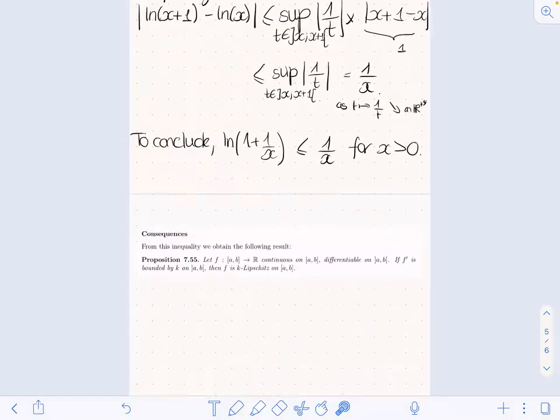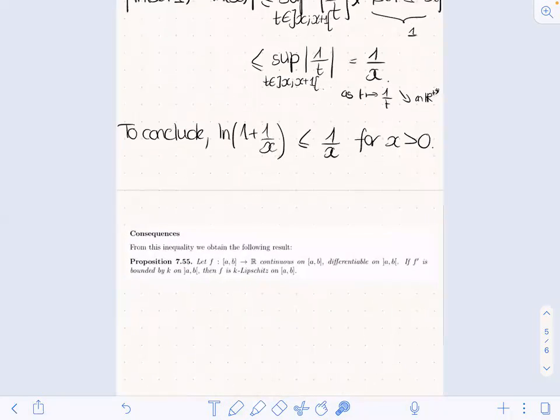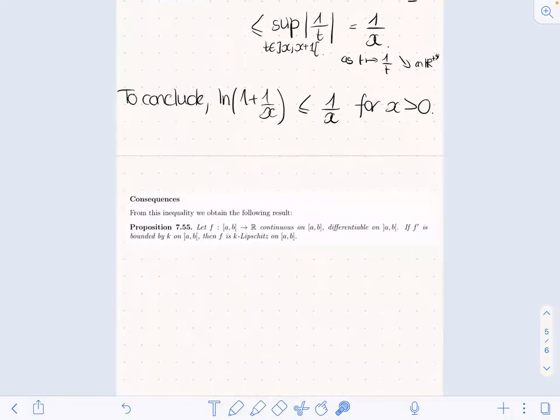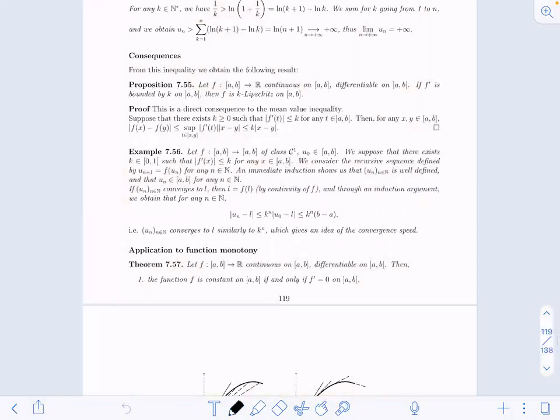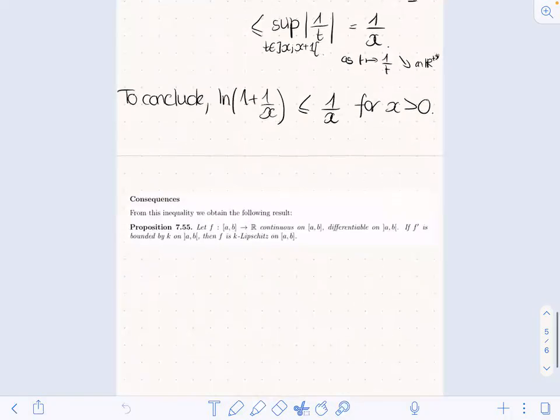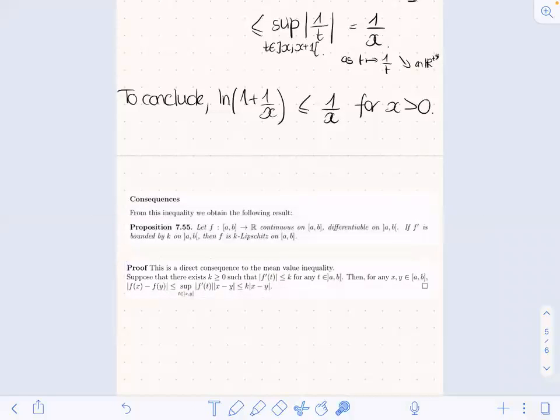One consequence of this property that we can have a look at is that if your function has a bounded derivative on your open interval, then f is k-Lipschitz on the interval. If we look at the proof, it's a direct consequence of the mean value inequality. Being k-Lipschitz on your interval means that if you take any 2 points x and y in AB, you want to have the absolute value of f of x minus f of y smaller than a constant times the absolute value of x minus y.